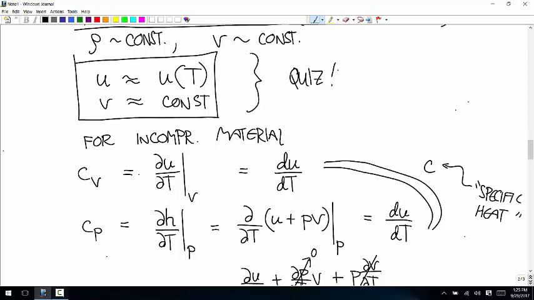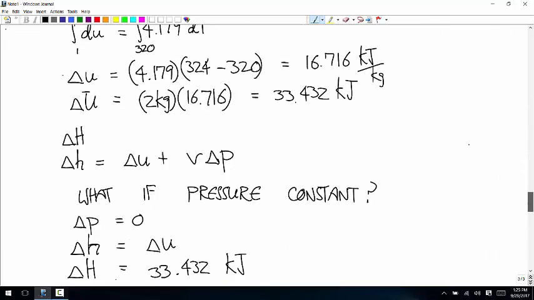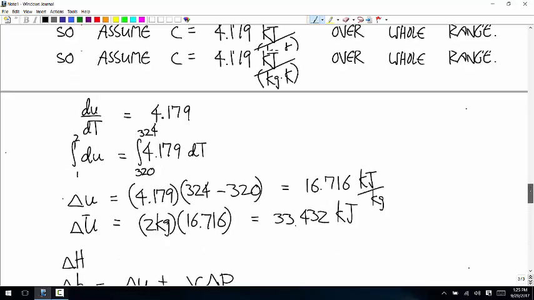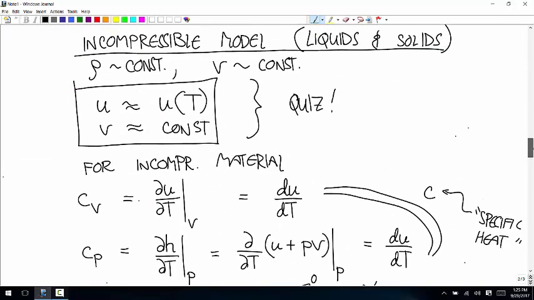And now there's another model that we want to deal with. That's the ideal gas model. These are the definitions of the incompressible material model.